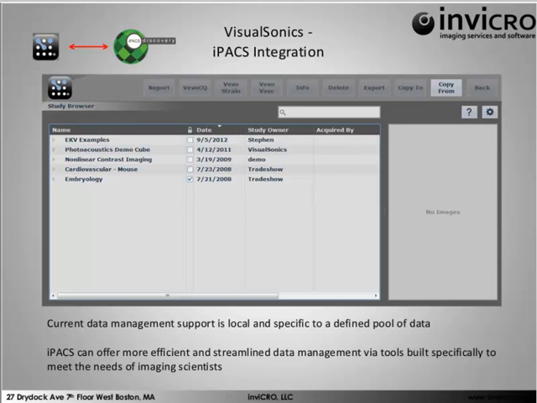And the current data management support, again, is local and specific to a defined pool of data. Where the iPACS adds value is it can offer more efficient and streamlined data management tools built specifically for how ultrasound VisualSonics users will need to interact with that data.